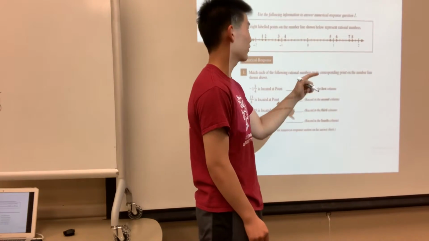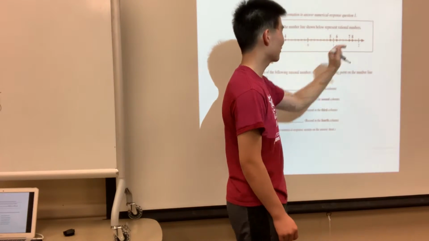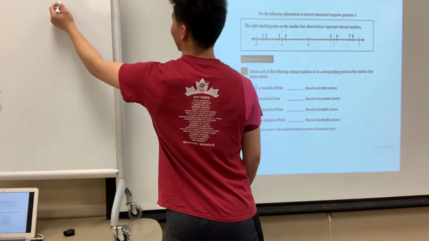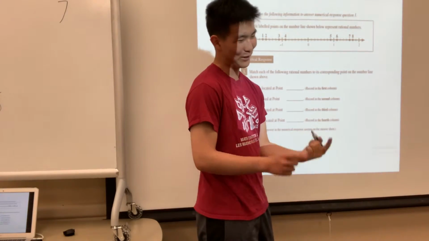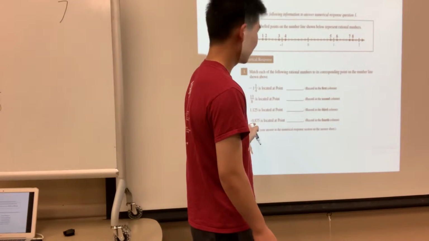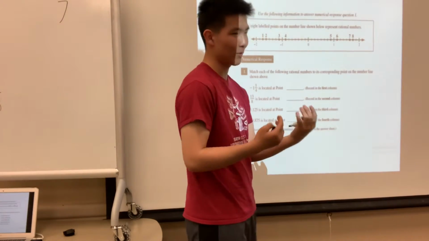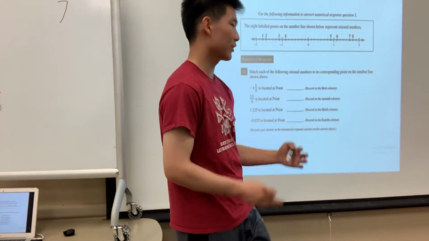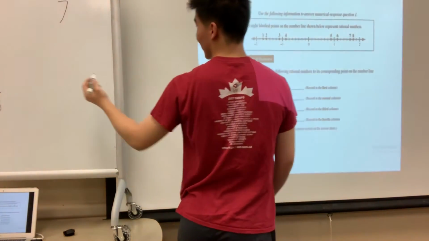So you count 5 from 1. 1, 2, 3, 4, 5. This is 7. 1, 1/8. You count 1 from 1, which is 6. Pretty simple. And then -7/8. You count 1 to the right, because just remember your directions with the negatives. You count 1 to the right, so 1. So then 6 and 4 respectively.